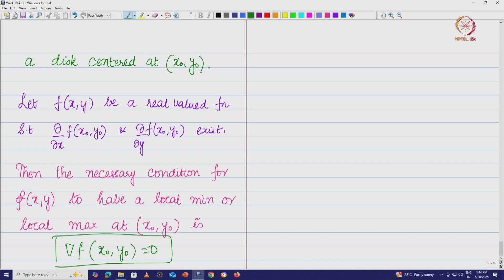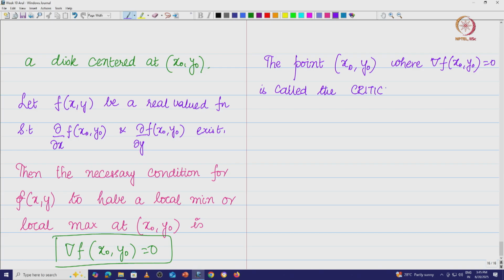So the point x naught comma y naught where the gradient f of x naught comma y naught is equal to 0 is called the critical point of the function.